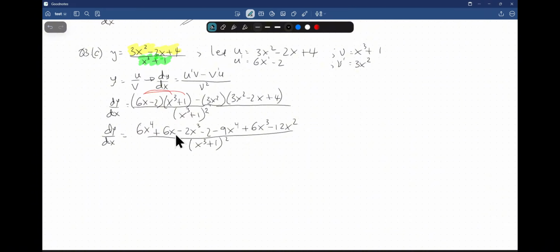So in here we have 6, negative 9, we have negative 3.